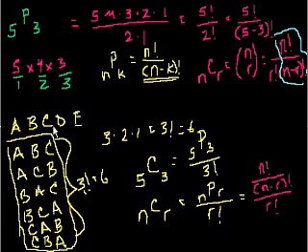So in this situation, if we want to know how many different groups of 3 can be selected from 5 people or 5 letters, it's going to be 5 factorial over 3 factorial times 5 minus 3 factorial.